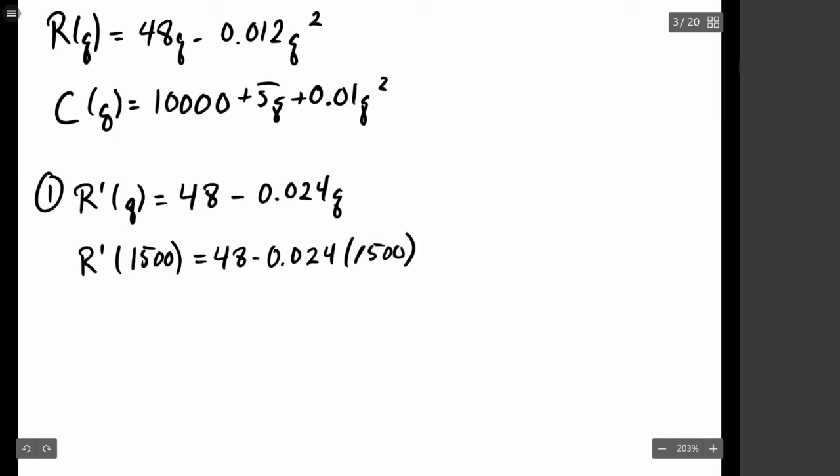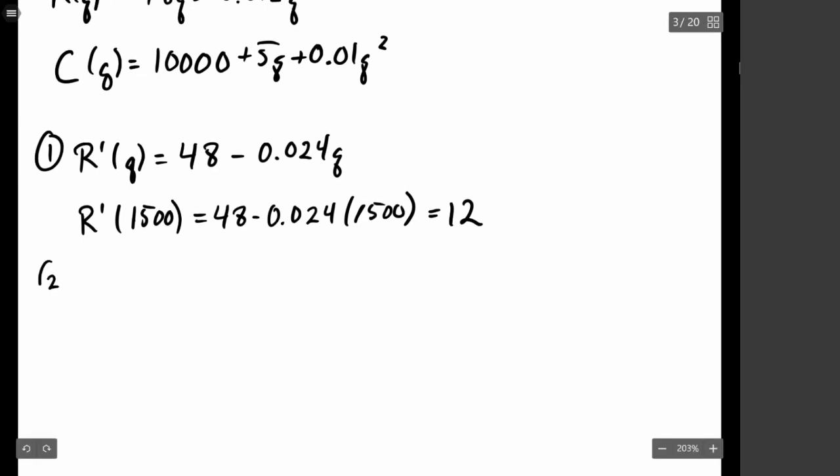If we pop this into the calculator, we get 0.024 times 1,500, and then 48 minus that. So we get 12. This is saying that producing the 1,501st chair would give us $12 in revenue.